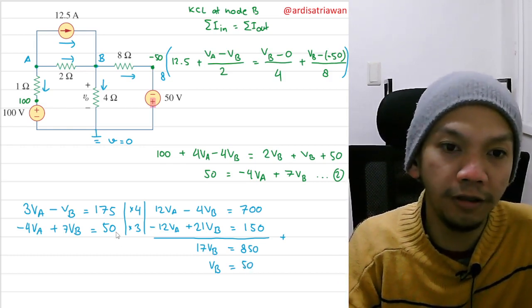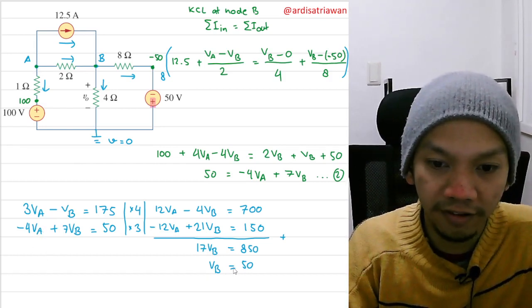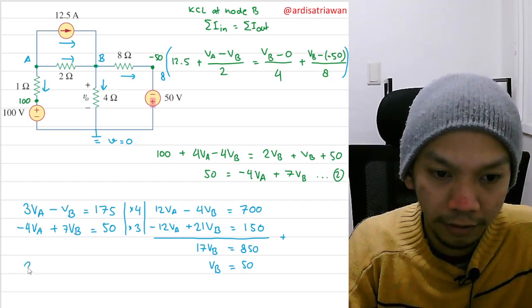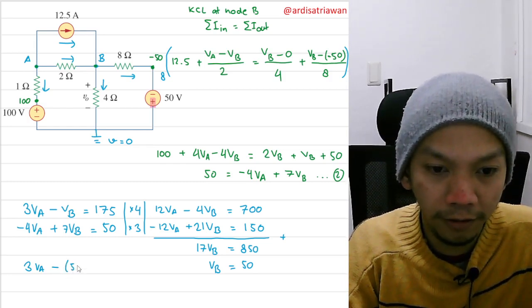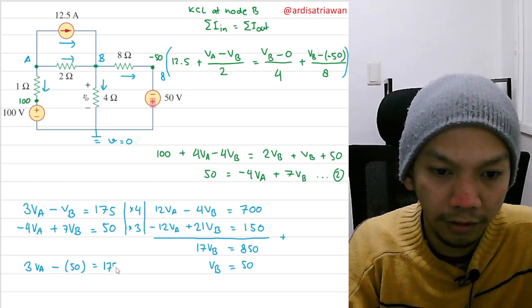Okay, if we know VB, we can get VA. So what is VA? We just plug this VB into this, right? So I will have 3 VA minus VB, VB will be 50, is equal to 175.